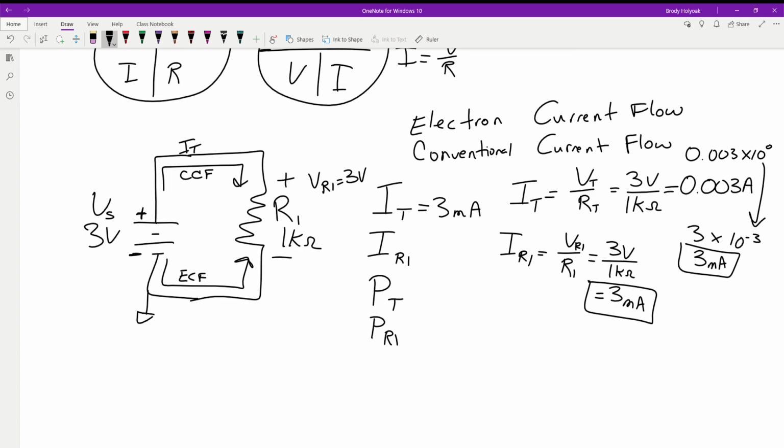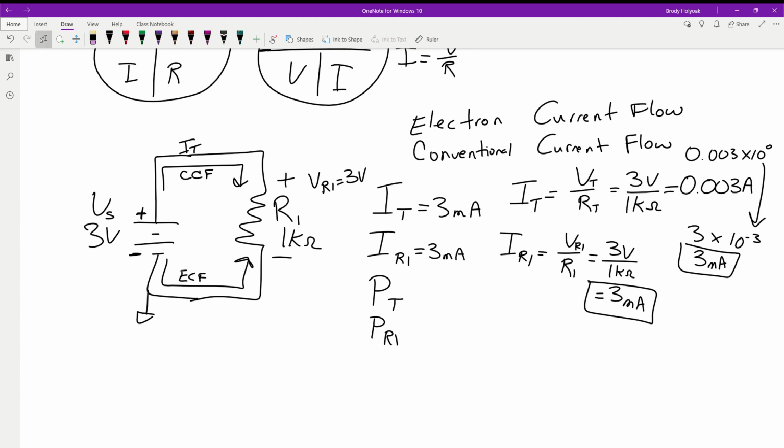Okay? So what do we notice about these two values, specifically in a series circuit? That they're equal. In a series circuit, the current is the same, no matter where you measure it.